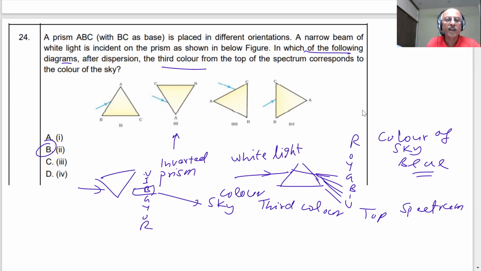Therefore, we can see that whenever light is passing, it will be bending towards the base of the prism. So the blue will come third in this case. In the case of the second, the correct answer is B, students.